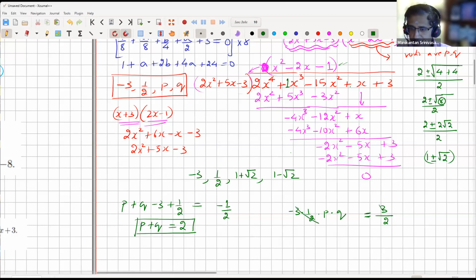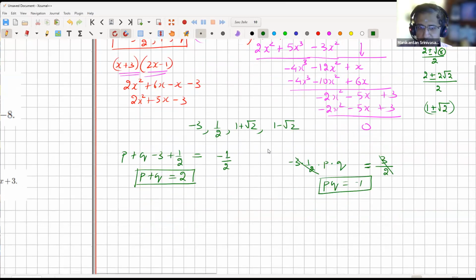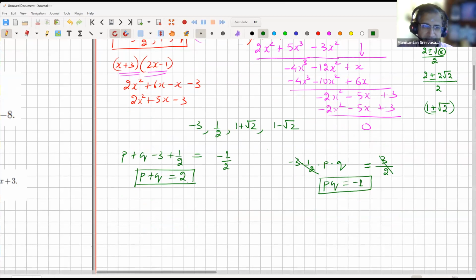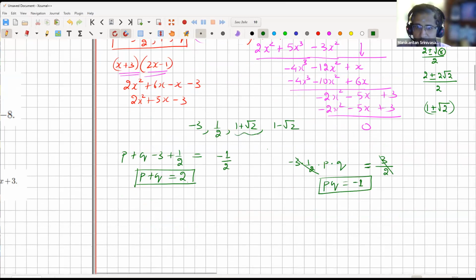So 3 by 2 gets cancelled with 3 by 2, leaving pq as -1. So we have to find two numbers that add up to 2 and multiply to -1, which we cannot easily guess, which is why the roots that we got were random, like 1 plus root 2 and 1 minus root 2.